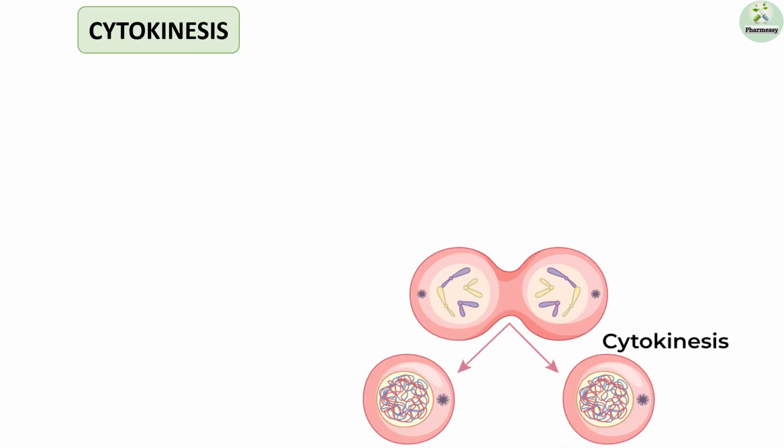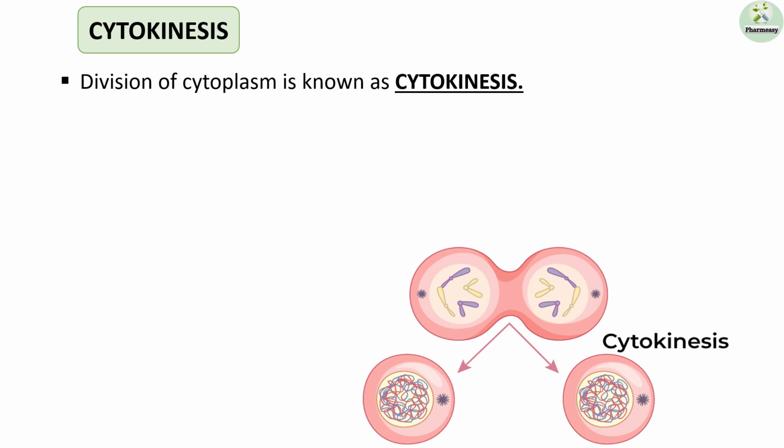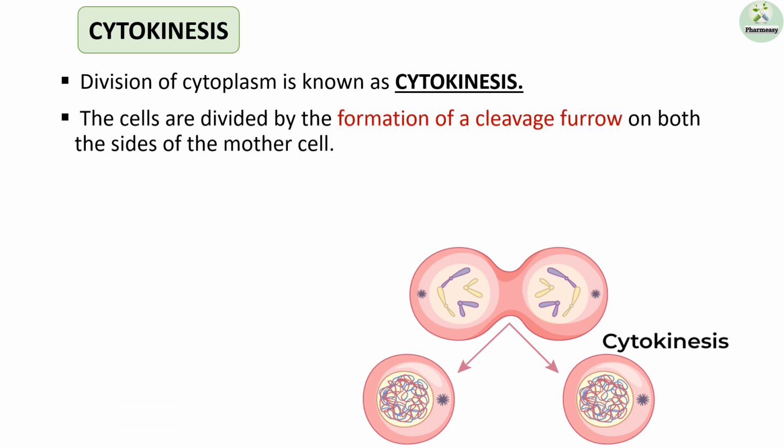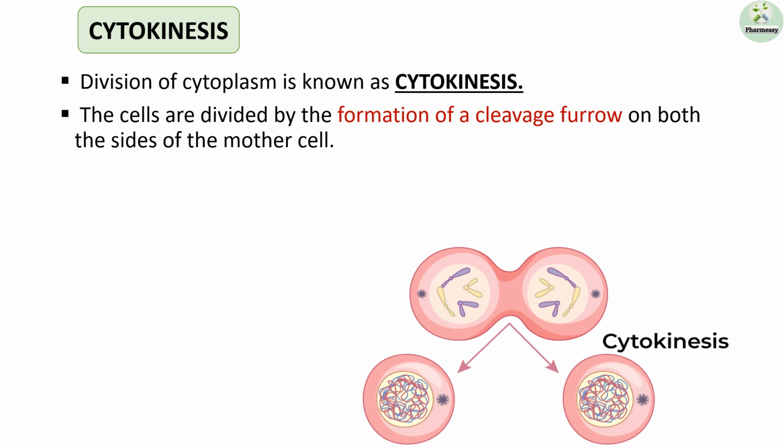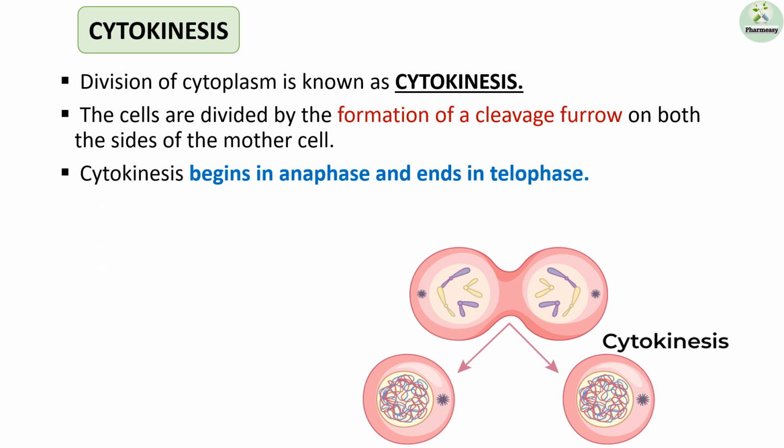Last phase is cytokinesis. Cyto means cell and kinesis means movement, that is process of division of cytoplasm. It is the physical process of the division of a cell. The cells are divided by the formation of a cleavage furrow on both the sides of mother cell as the cell membrane constricts at the cell equator during cytokinesis.